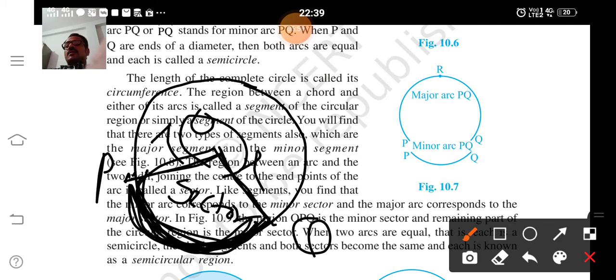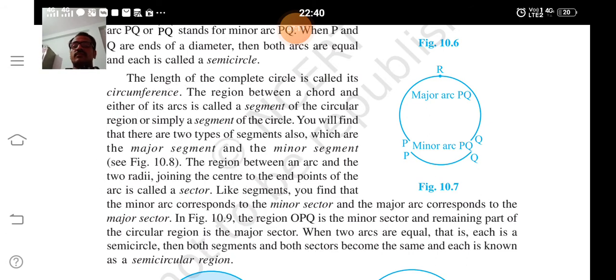The region covered by the minor arc and two radii joined at the center and the two end points of the arc is called a minor sector. So this all is the minor sector and the rest of it is the major sector.